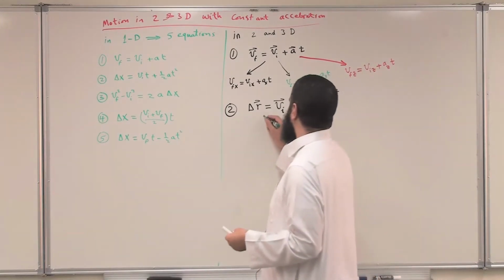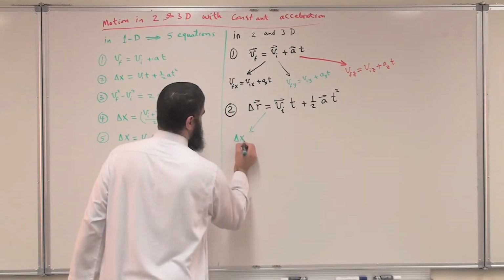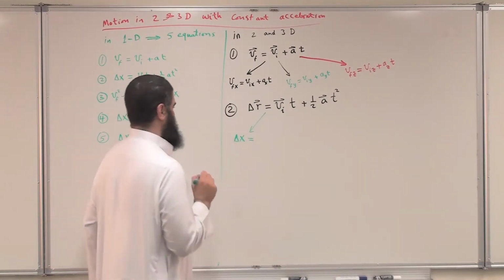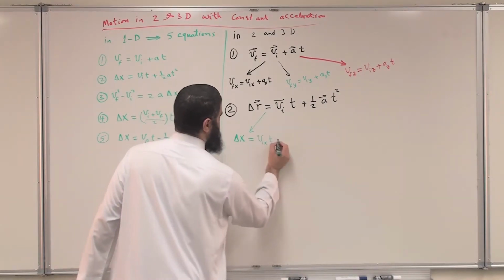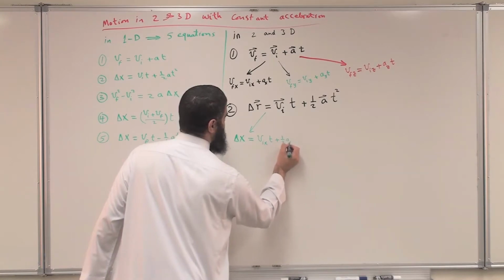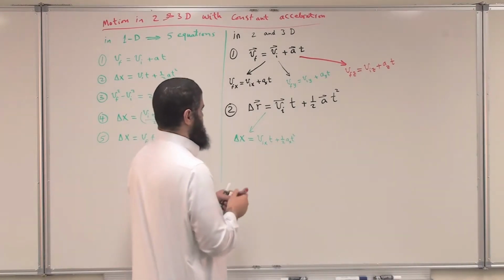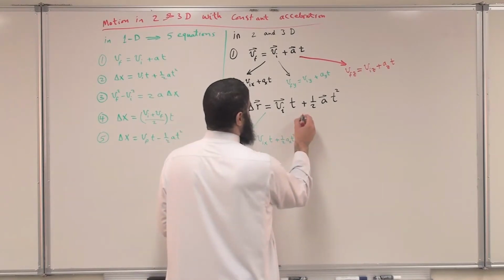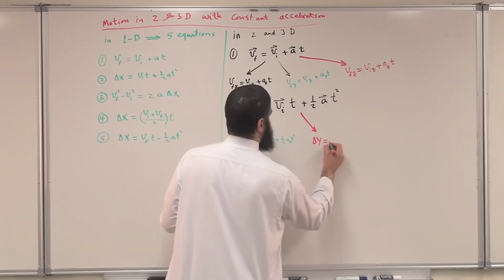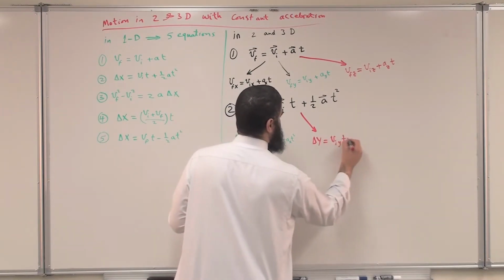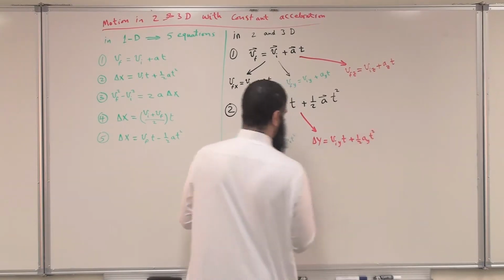The first one, I can write as delta x equals v initial x multiplied by time plus 1/2 ax t square. The second component, along the y axis, can be written as delta y equals v initial y t plus 1/2 ay t square.